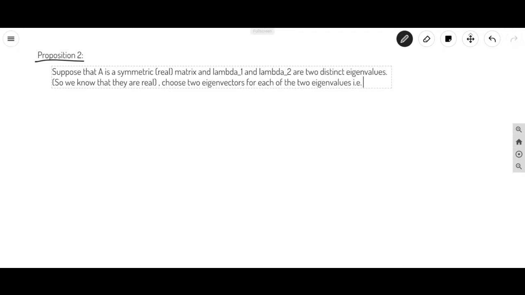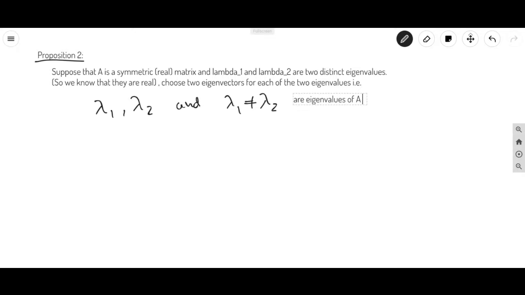In other words, what we're doing is we're saying that lambda 1 and lambda 2 are not equal to each other, and we're taking two different eigenvalues. And you pick two eigenvectors, x and y.